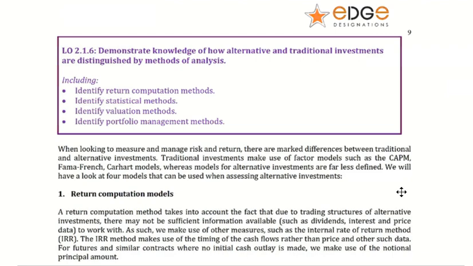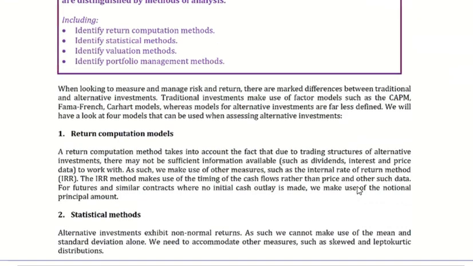Top of page 9, demonstrate knowledge of how alternative and traditional investments are distinguished by methods of analysis. So we start off with our very first one, method of analysis. We talk about return computation models, and a return computation model takes into account that due to the trading structures of alternatives, there's often not enough information available for each alternative investment, and we make use of other measures.